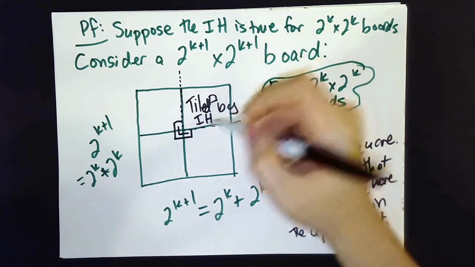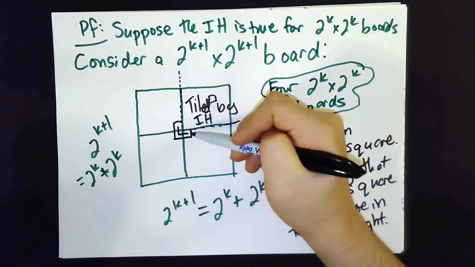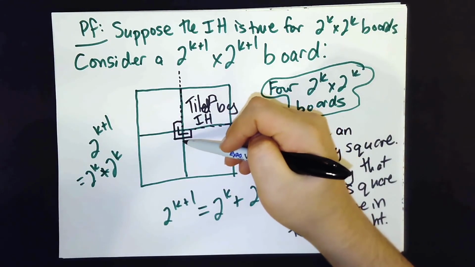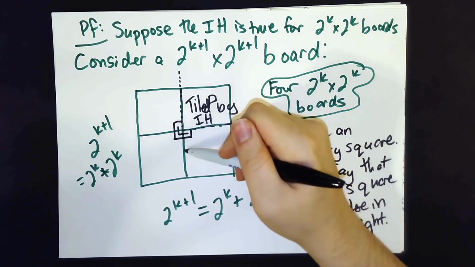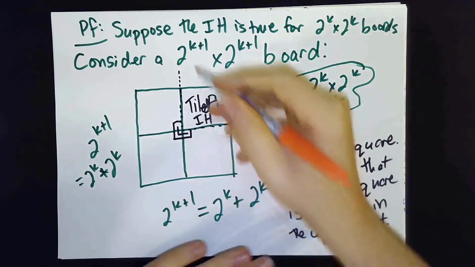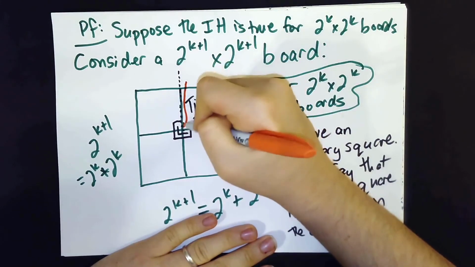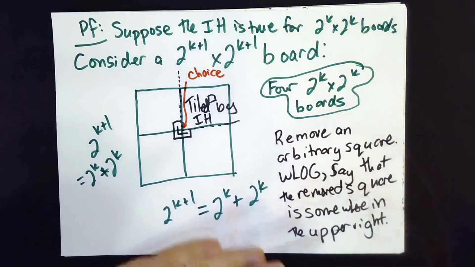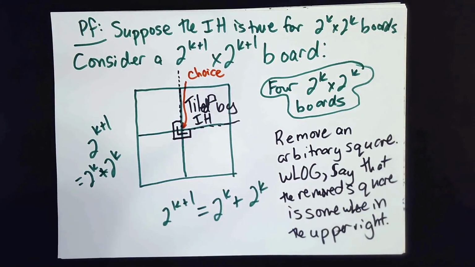In this case, by remove, I happen to mean cover with a piece of triamino, but that's as good as removing it. I only need to cover everything but that one square. And so this one triamino I'm placing is a choice. I'm choosing to put it there.